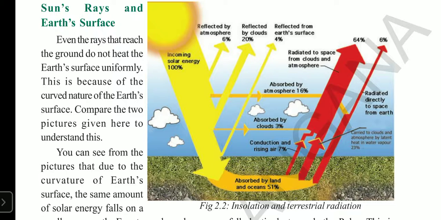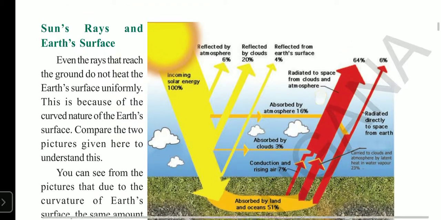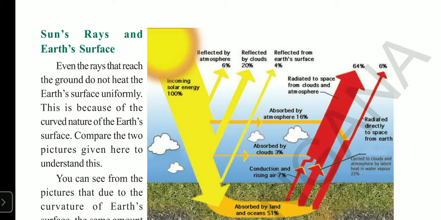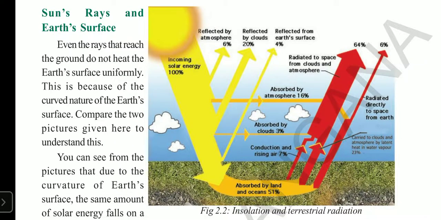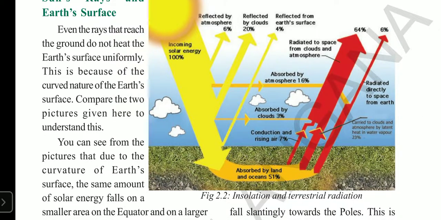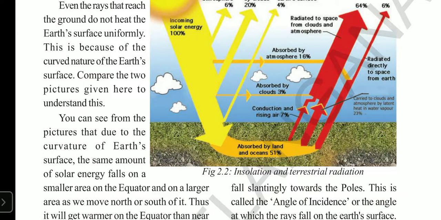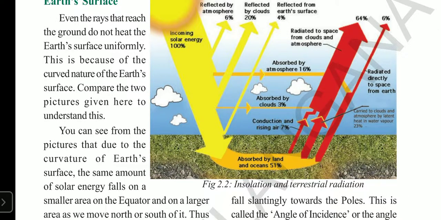Suppose the surface is covered with trees, with forest, the temperature will be low. Where the surface is plain, like a desert, we find high temperature, right? So the temperature on the earth's surface is not uniform, not the same on every part of the earth. This is because of the nature of the earth's surface. This is what you need to understand with this picture, right?